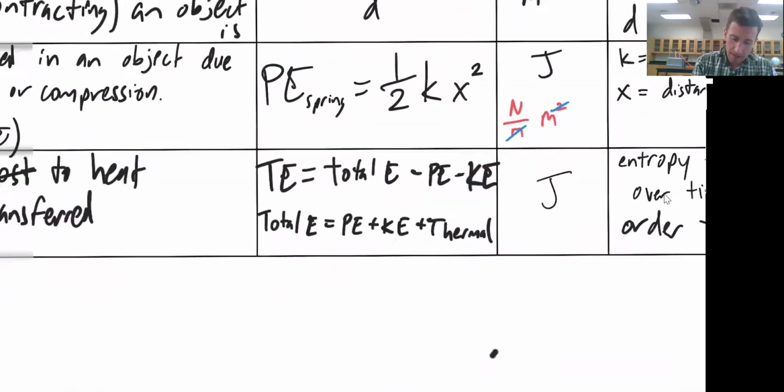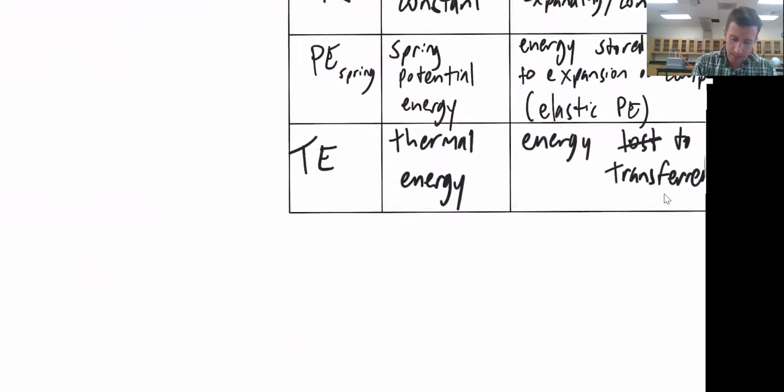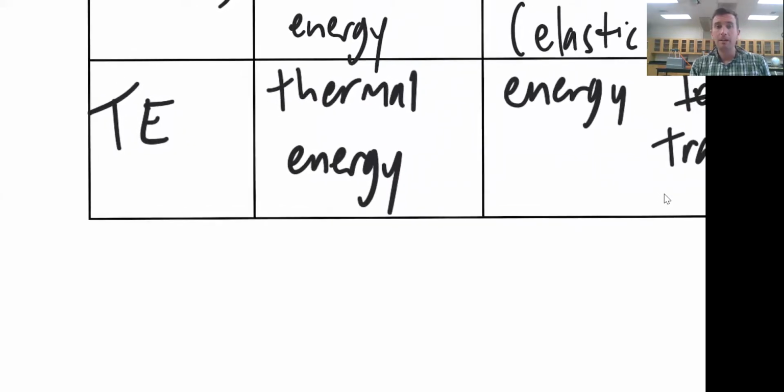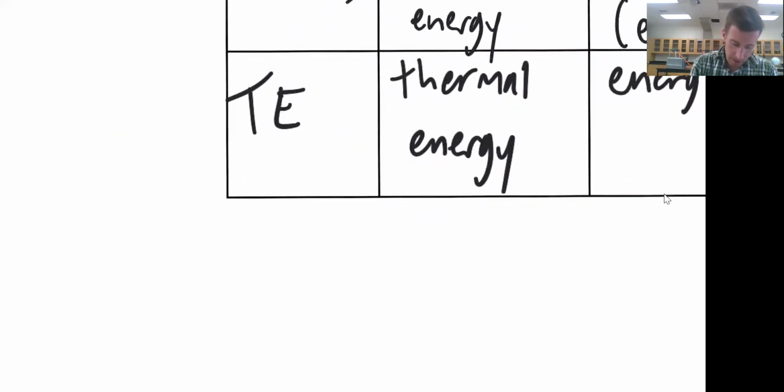All right. And then finally, our last thing that we're going to add today is thermal energy. And we're going to abbreviate thermal energy TE, T for thermal. You could also sometimes see it written as E sub TH, so that could work too, energy thermal.